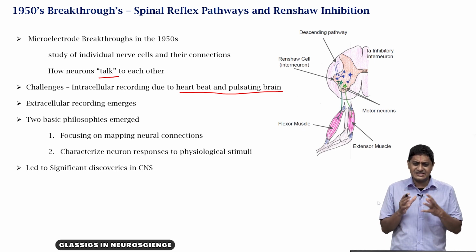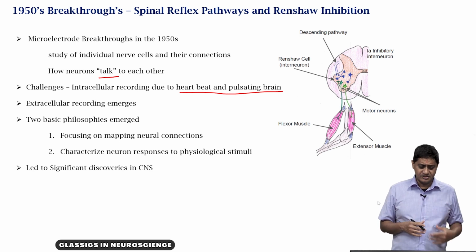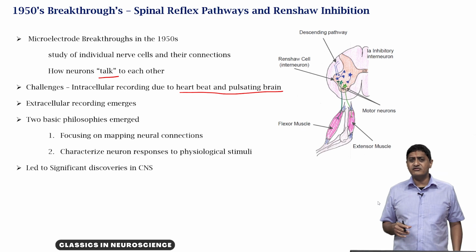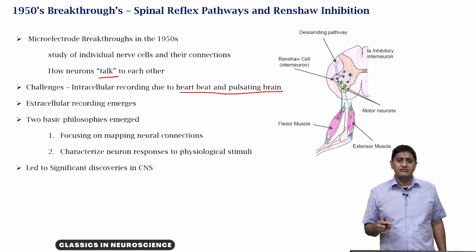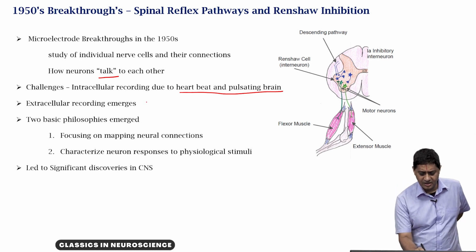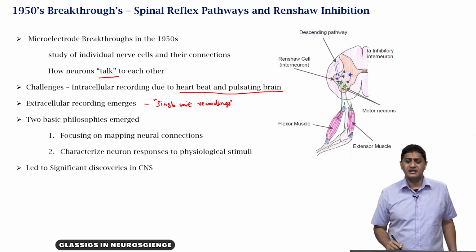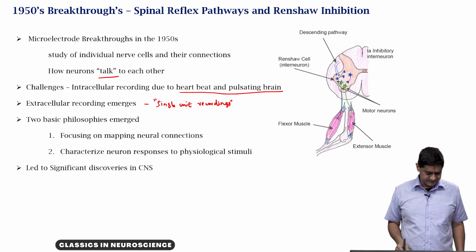If it is densely connected, it might be very difficult to identify which neuron you are even recording from. So, this idea of recording from extracellular space came to be called single unit recordings. We have seen this previously, but again just reminding you.